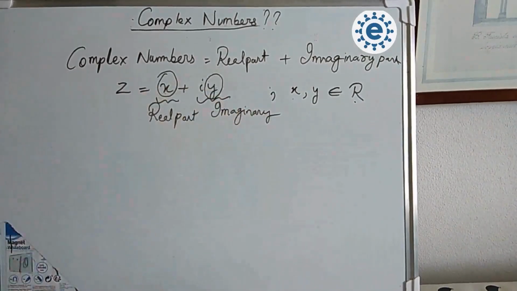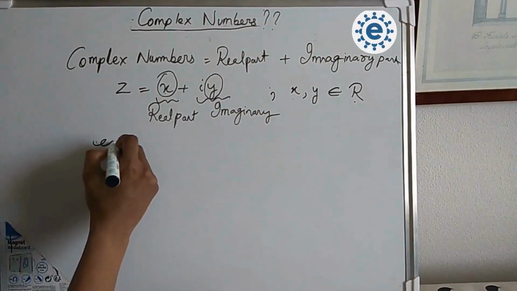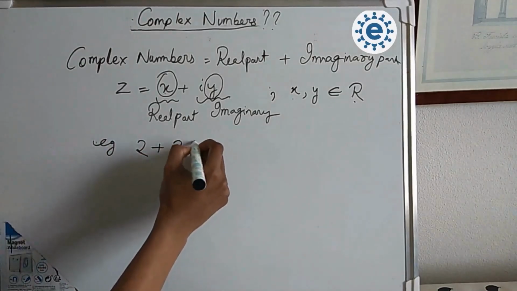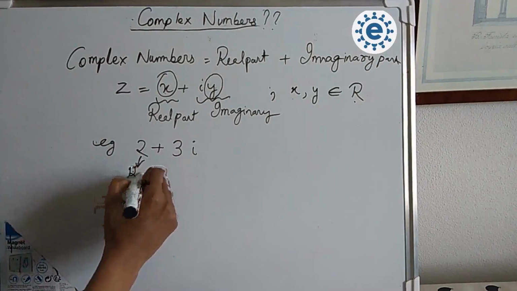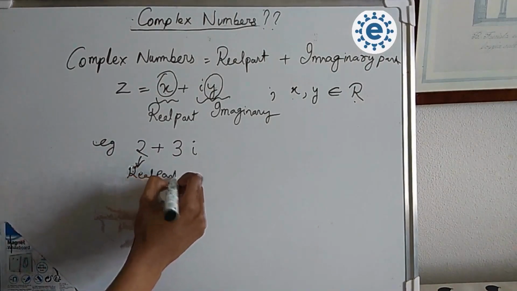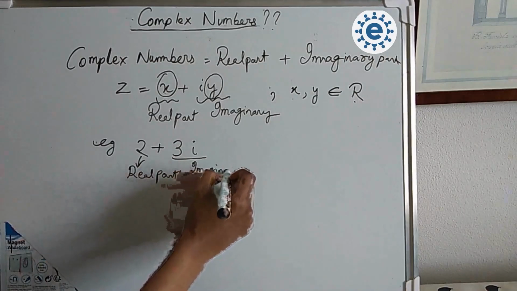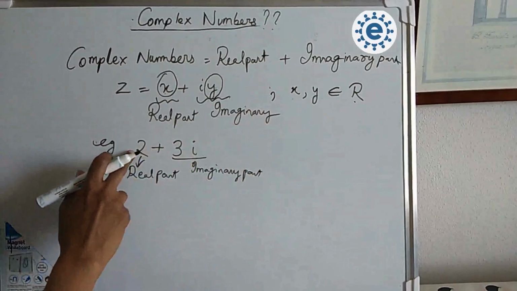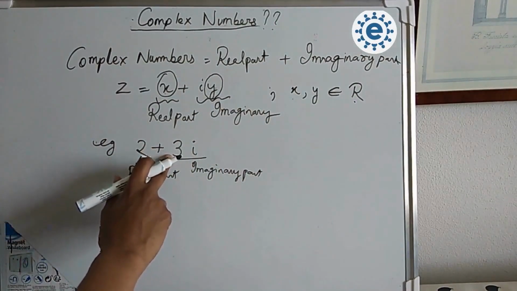Okay, this y and this x are real numbers, but when it comes to iy, this is an imaginary part. So when we write complex numbers, let's take an example: 2 plus 3i. Here 2 is the real part and 3i is the imaginary part. But 2 and 3, they both are real numbers and they both should be real numbers.